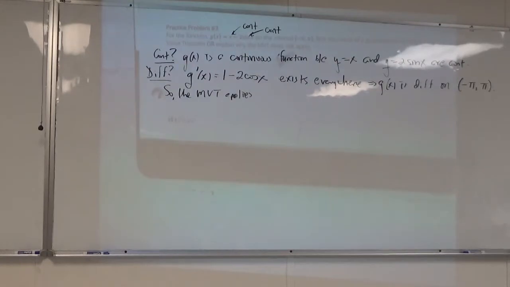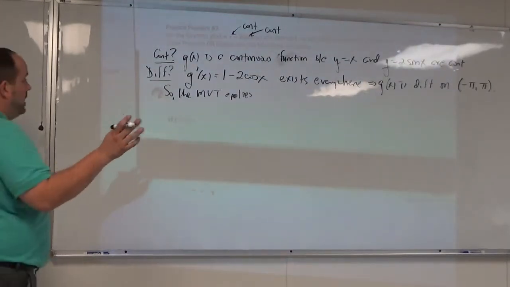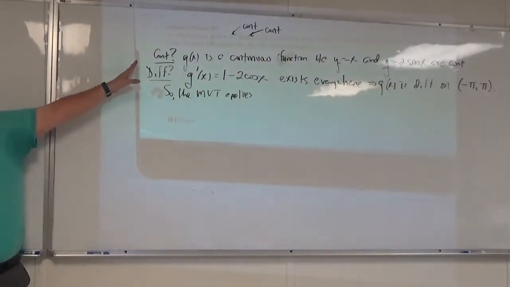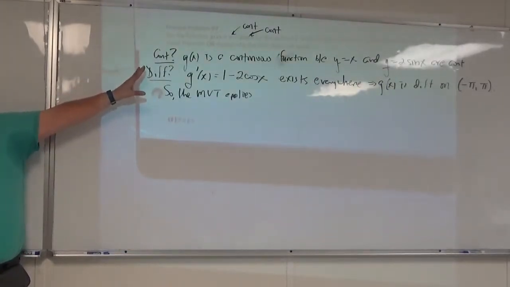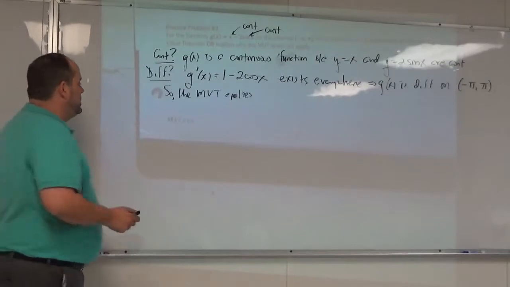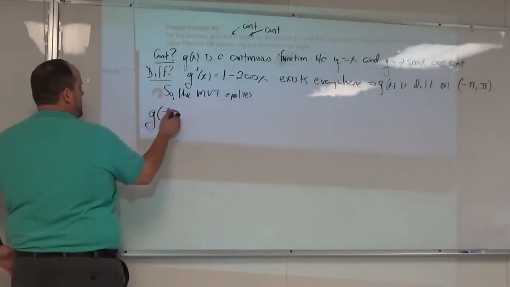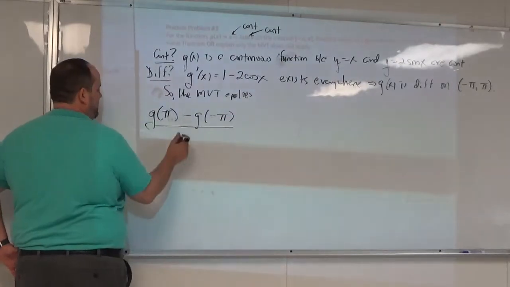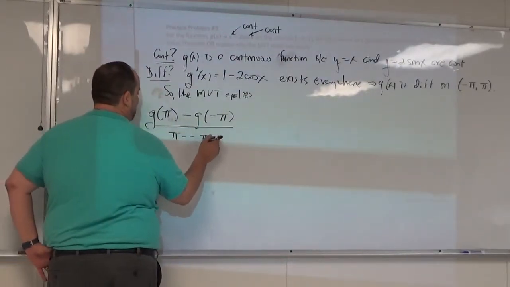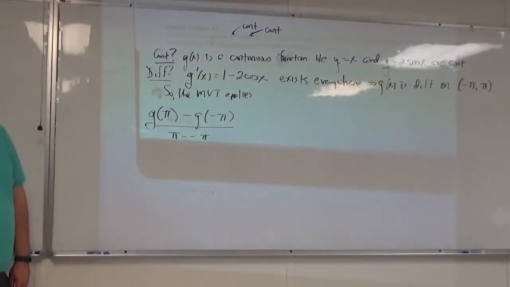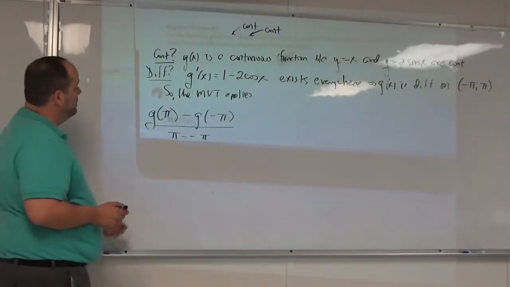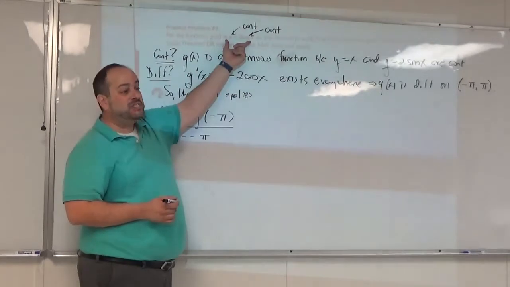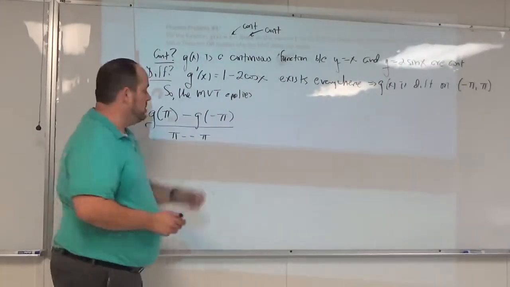Now you make sure that G prime of c equals, I changed the function name on you because I do that all the time, G of pi minus G of negative pi over pi minus negative pi. Don't throw up yet. G of pi just means go to your function, everywhere you see x plug in pi.